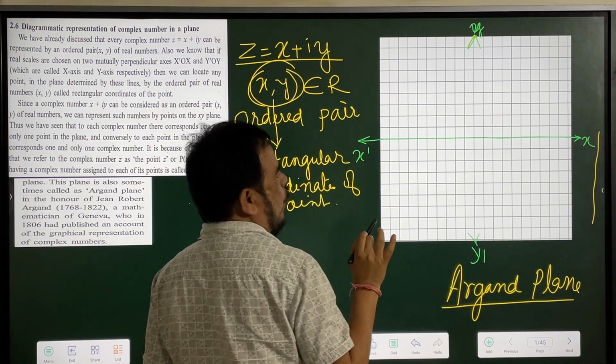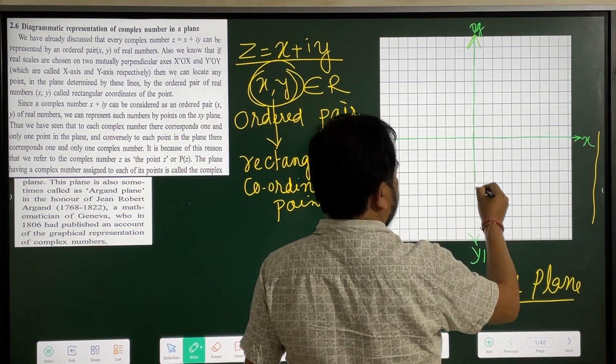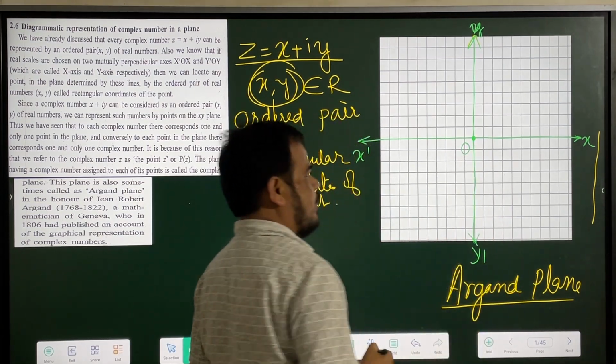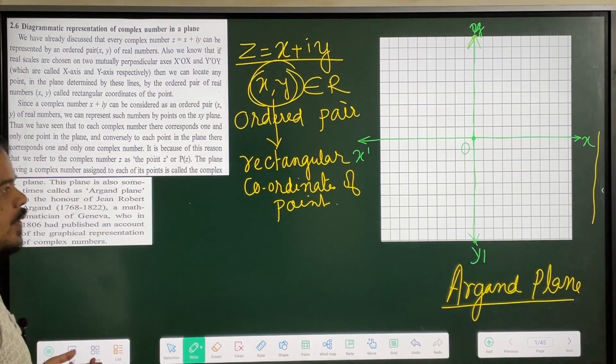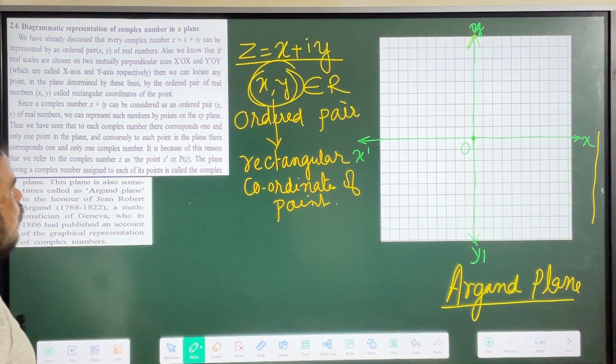This part at least you know, what the x-axis is and what the y-axis is. This is called the origin. That you know. So there is no problem drawing the x-axis and y-axis.